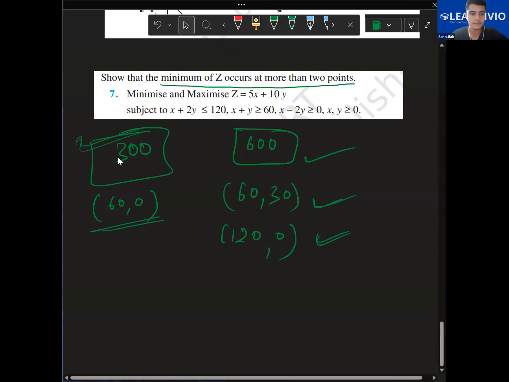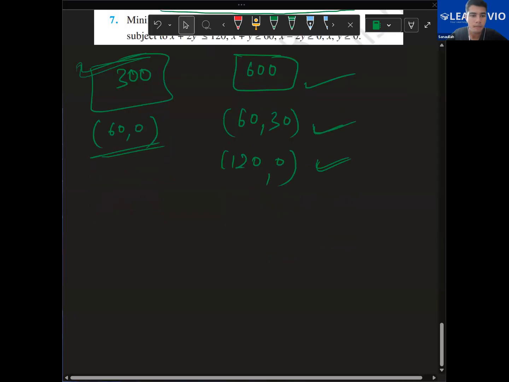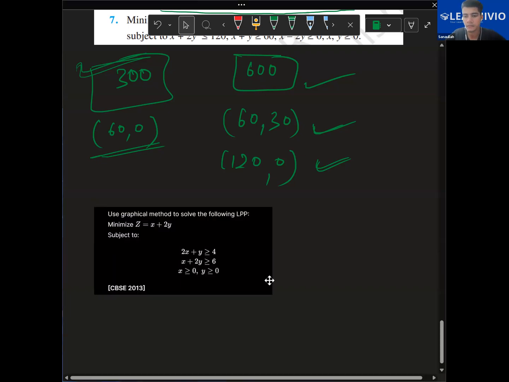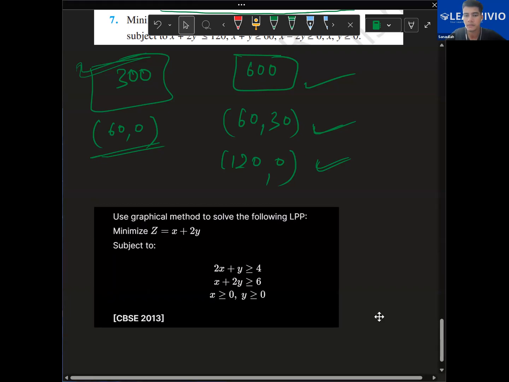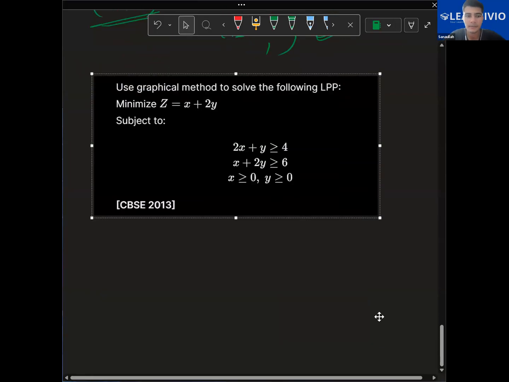Now let's do some previous year questions. Use the graphical method to solve the following LPP.